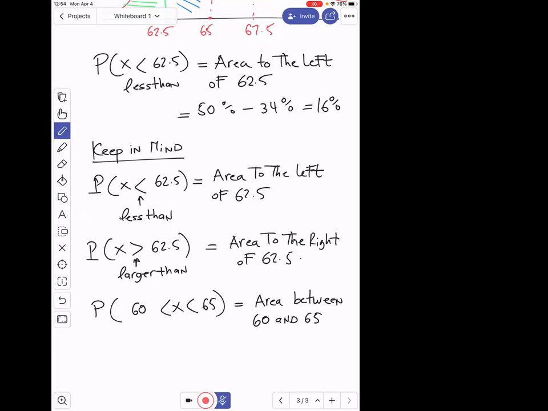So we have three different cases. Whenever you have a problem about normal distribution, it's going to be just one of these three cases. Either it's the area to the left, that's less than, or the area to the right, when you have larger than some number, or the area between two numbers.